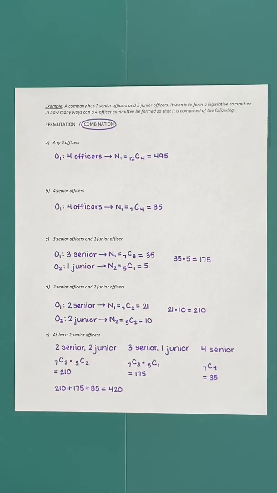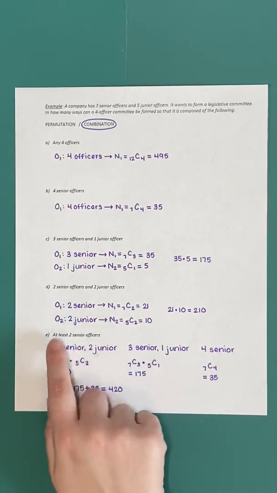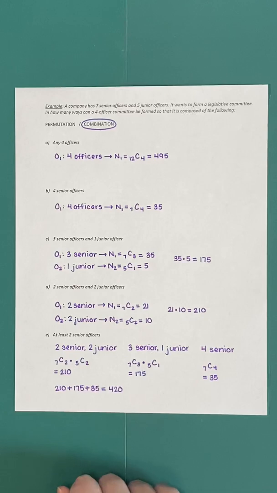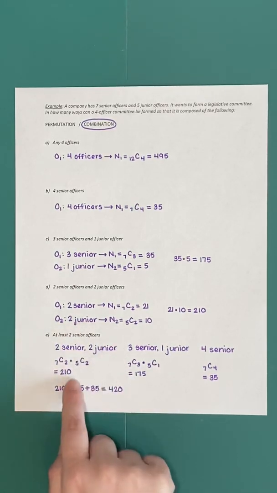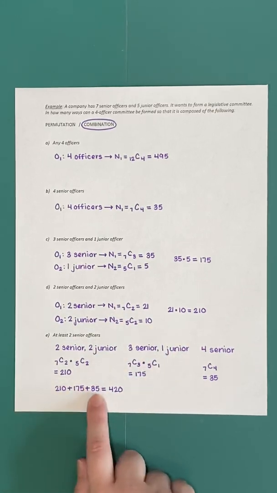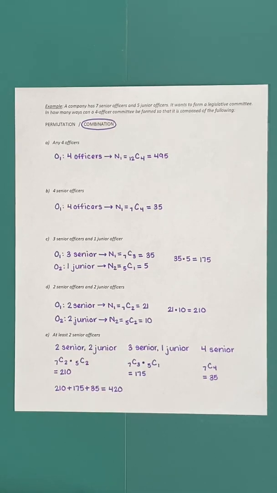So what we want to do is add up these outcomes. These are subtotals that represent different ways we could come out with a situation representative of at least 2 senior officers. So 210 come from this combination, 175 come from this combination, and then the remaining 35 come from the last combination for a total of 420.